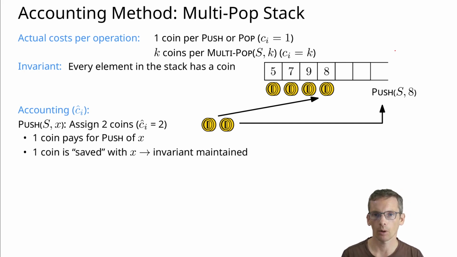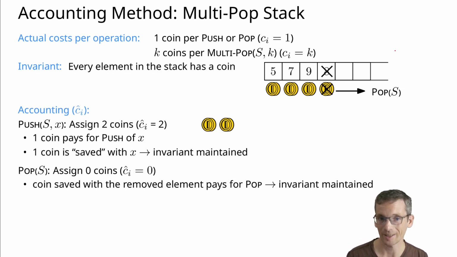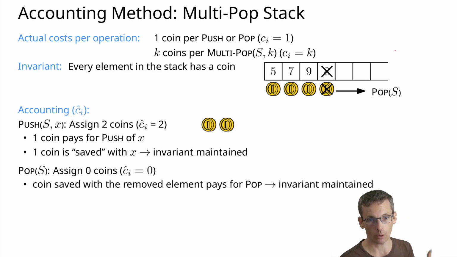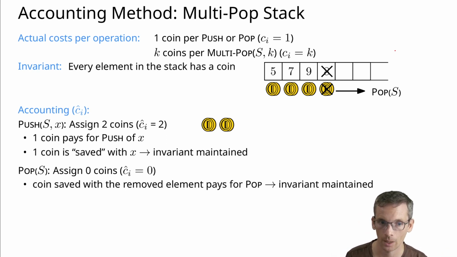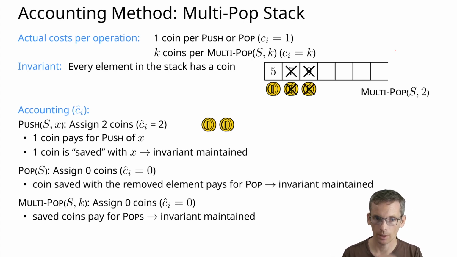The amortized cost of pop is then 0, because I don't need any extra coins. If I do pop here, I would remove the 8, but there's a coin stored with 8, and I can use that coin to pay for the pop. Likewise, multi-pop also has an amortized cost of 0, because if I want to do, for instance here, multi-pop 2, there were 2 coins stored there.